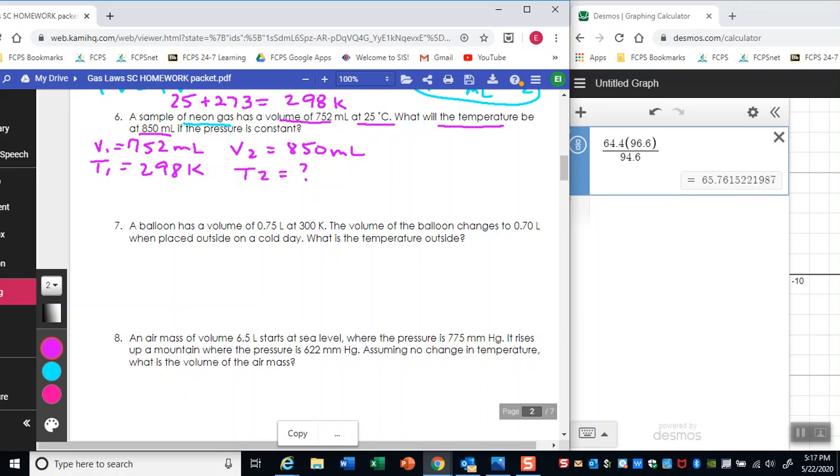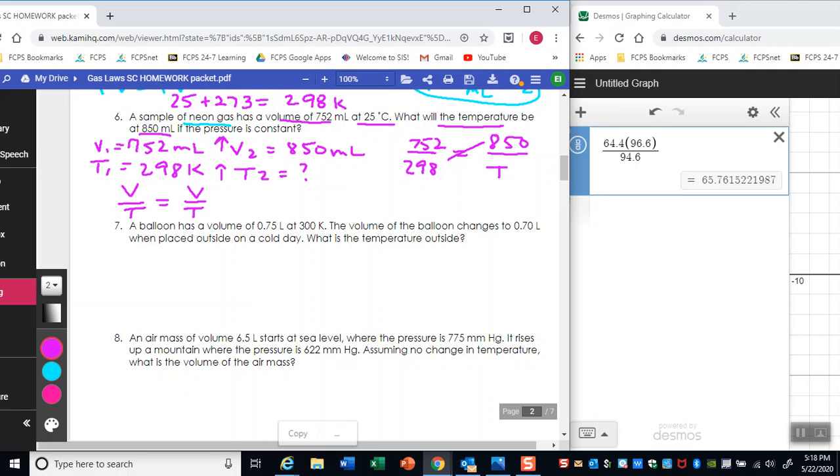So volume and temperature, that's Charles's law, right? Volume divided by temperature. They're directly related. If my volume went up, the temperature is going to go up. That's how I'm going to check myself to make sure I get it right. So I've got 752 milliliters and 298 kelvins, and 850 milliliters, and then I have a new temperature. I don't know what it is.